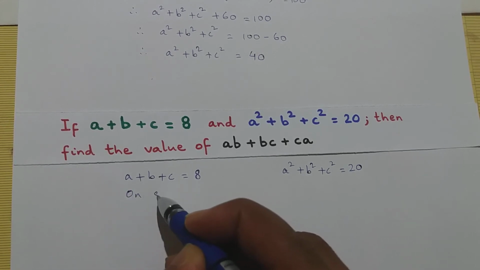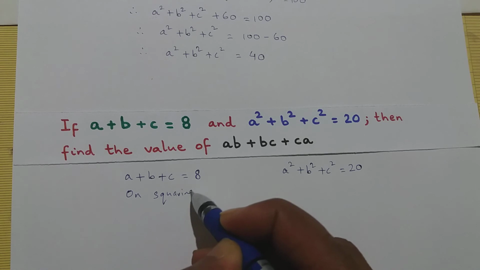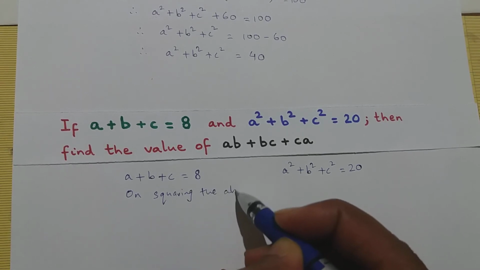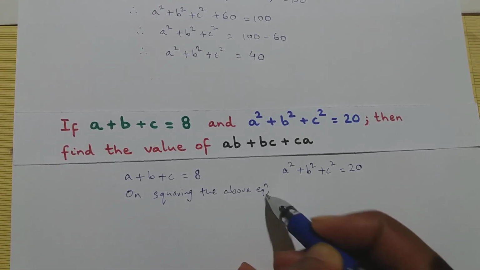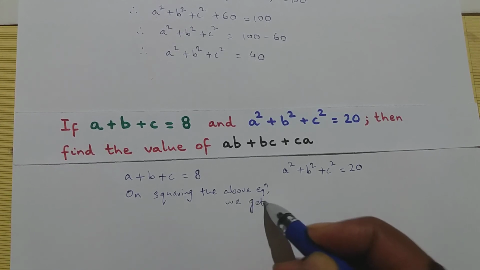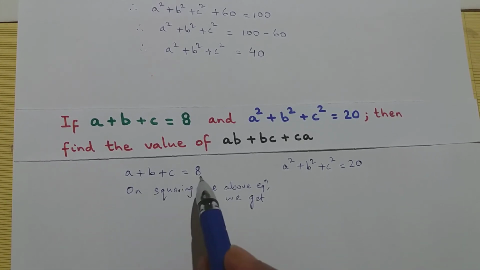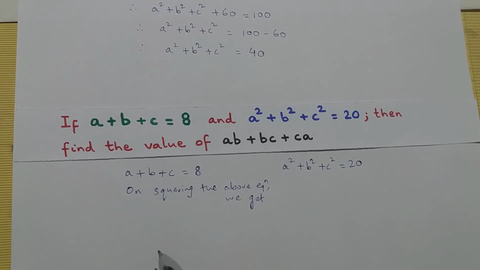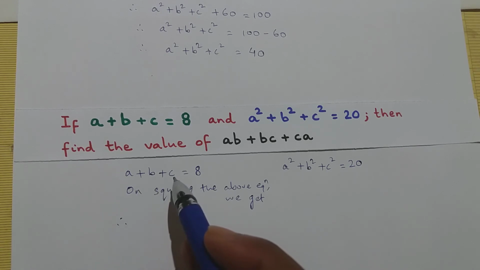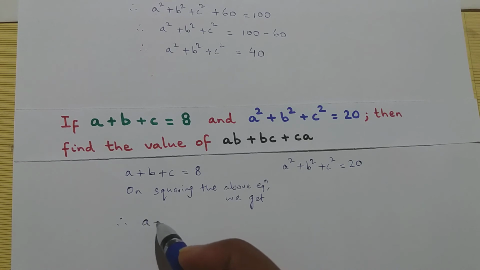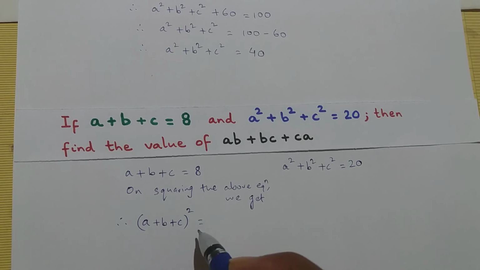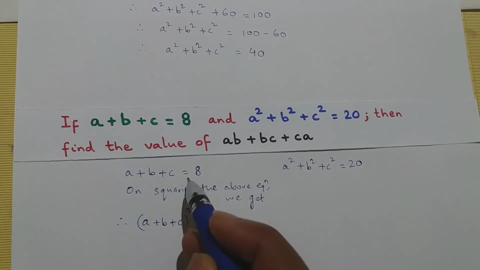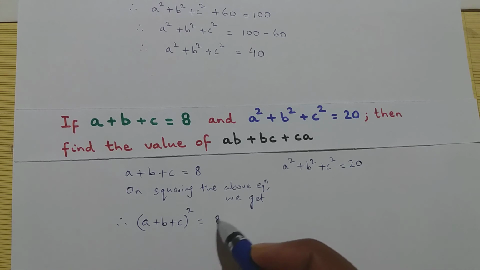So on squaring the above equation, we get, the left hand side of the equation will become a plus b plus c whole square, that is equal to, the right hand side of the equation will become 8 square.